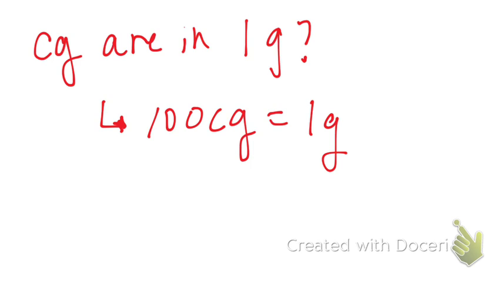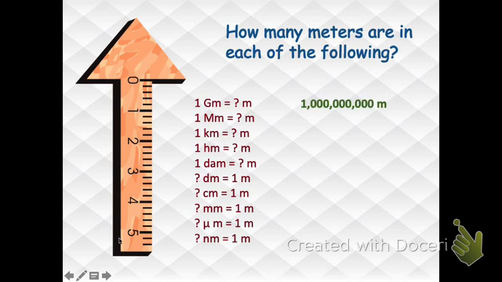So I like remembering it by saying gram here is the bigger unit, so how many of the smaller unit fit into that? I like to think about how many of that small unit can fit into the big unit. That makes sense?